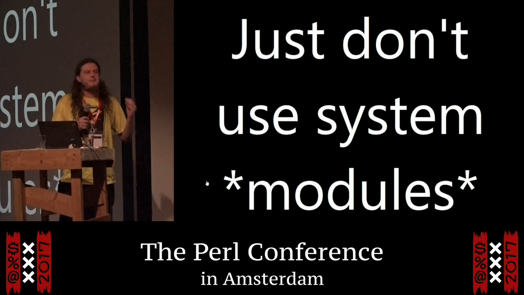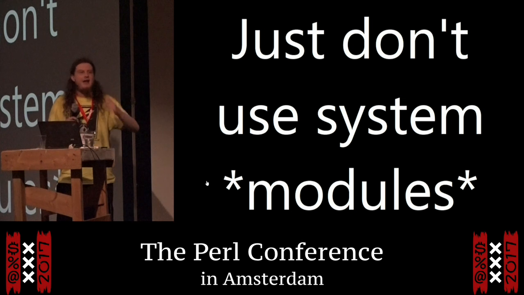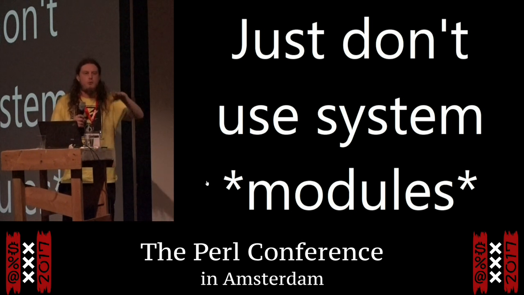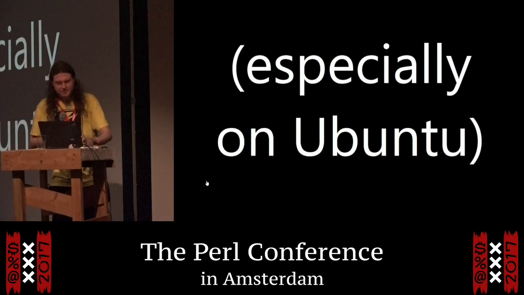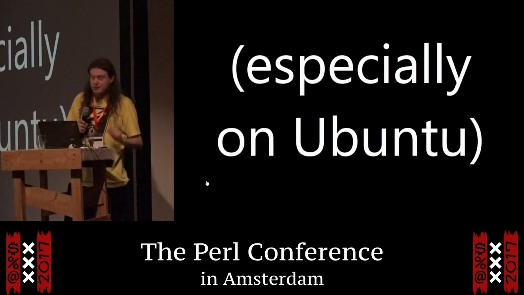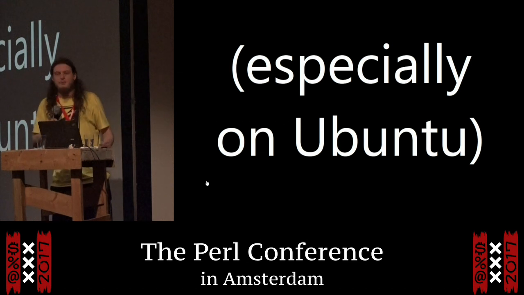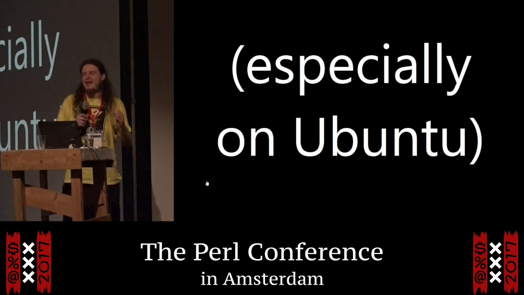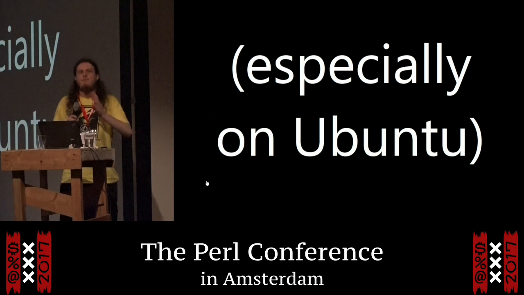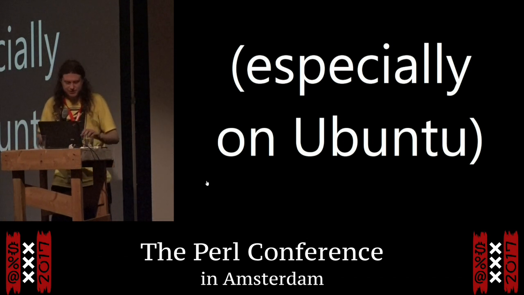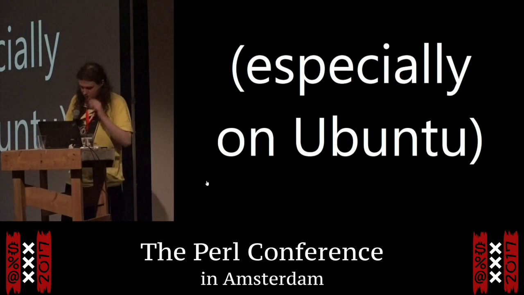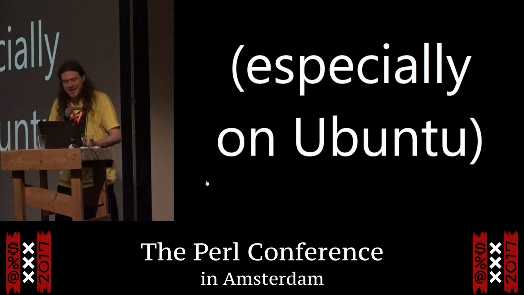I don't like to be in a situation where upgrading something to get a newer version of something in /usr/bin ends up changing modules under a deployed application. I like to have control over what a deployed application is running against. And especially on Ubuntu, because Ubuntu being Ubuntu, what they basically do is take a snapshot of whatever Perl modules are in Debian testing and then don't update them until the next release in 6 months, which works about as well as you might expect.